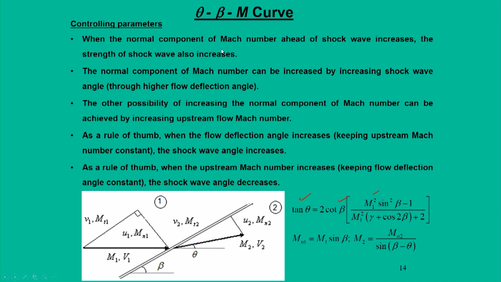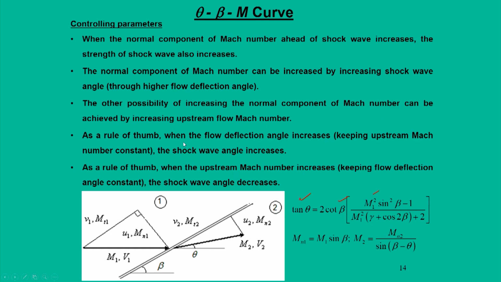So, when the normal component of Mach number ahead of the shock wave increases, the strength of the shock wave also increases. The normal component of Mach number can be increased by increasing the shock wave angle, through higher flow deflection angle. The other possibility of increasing the normal component of Mach number can be achieved by increasing the upstream Mach number.